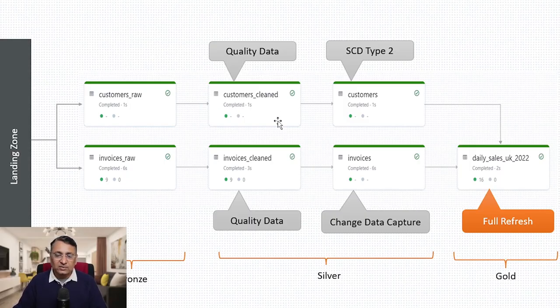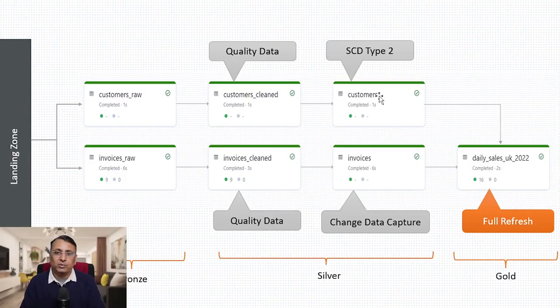But since this customer clean table may contain some duplicate records, we want to build a final customer's dimension table eliminating the duplicates. And since it's a dimension table, how do we implement duplicate removal in a dimension table? In the data warehousing world, we can implement something called SCD type 2.